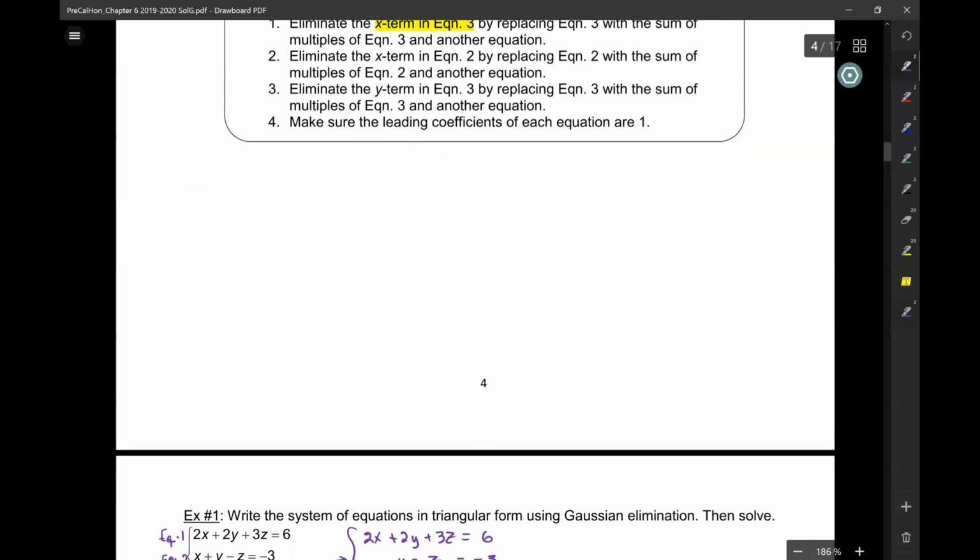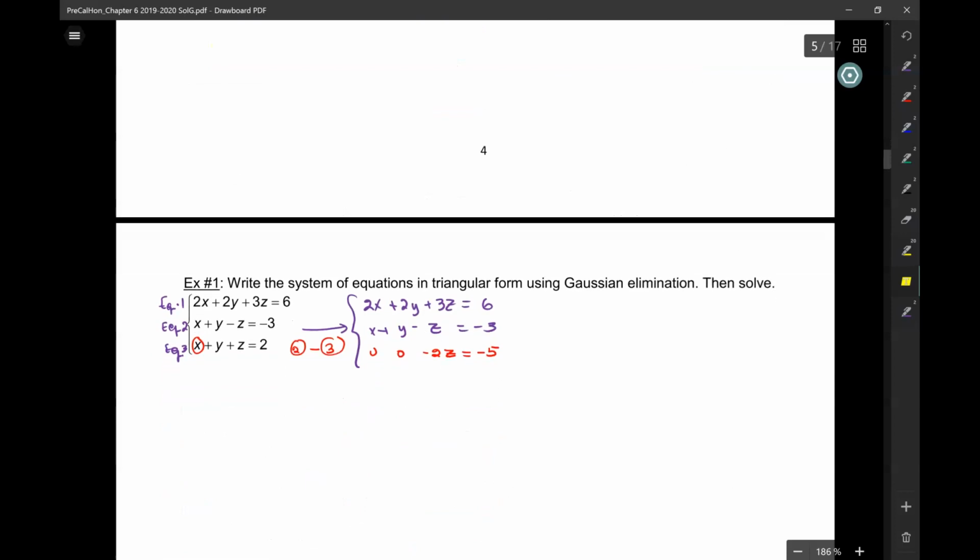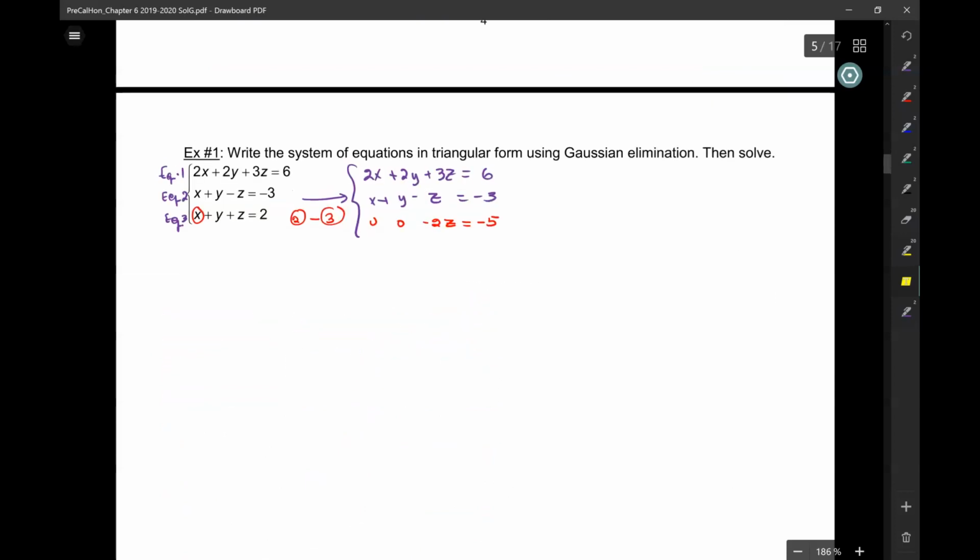Now look at what it says to do next. Now it says to get rid of the x term in equation 2. So how can I get rid of that? I'm going to get rid of this one now.